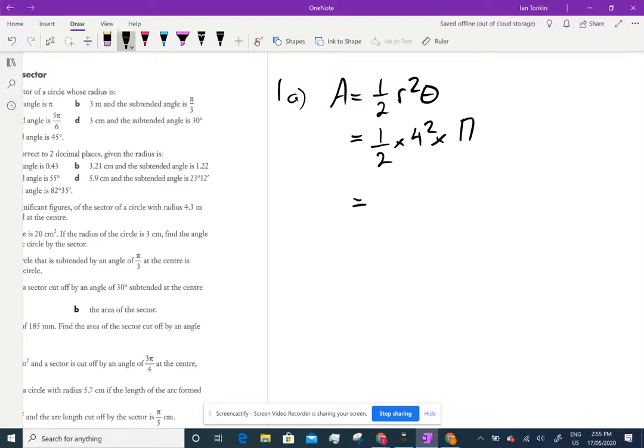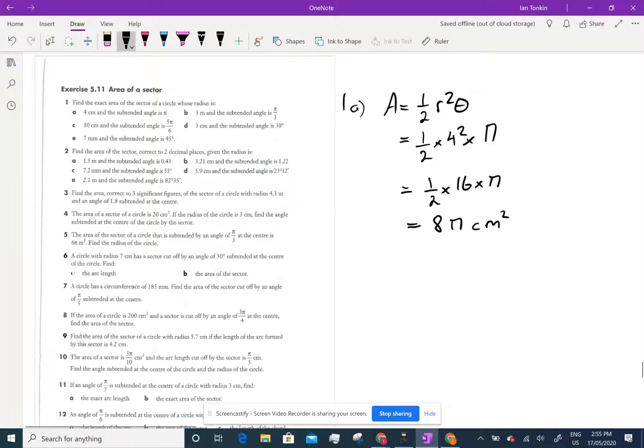So it's a half times 16 times pi, 8 pi. We don't simplify it or put it in decimals. So we just leave it like that. I'm just checking with the answers. First one, 8 pi. Oh, because we're finding area, centimetre squares. So they're pretty easy.